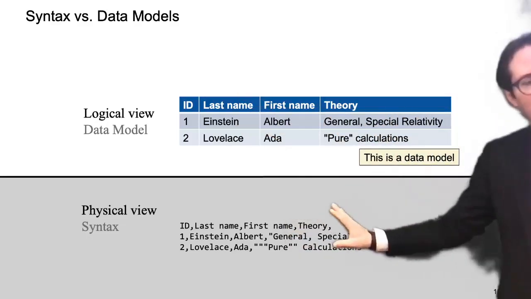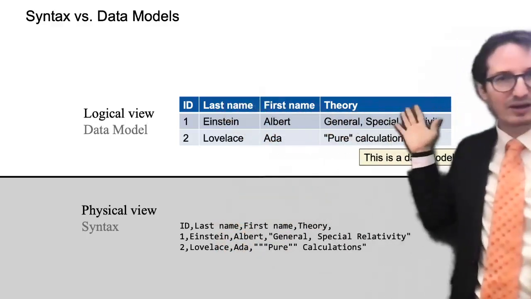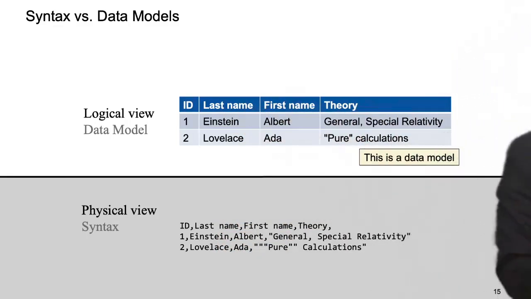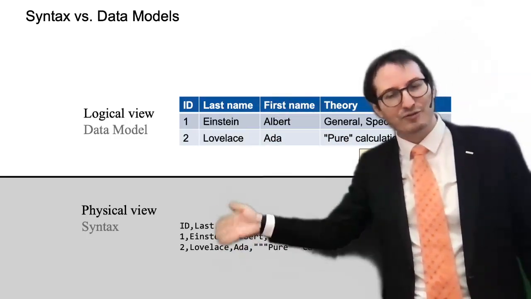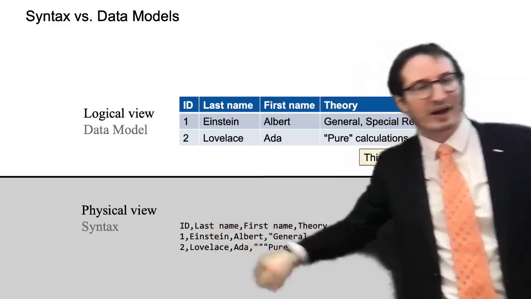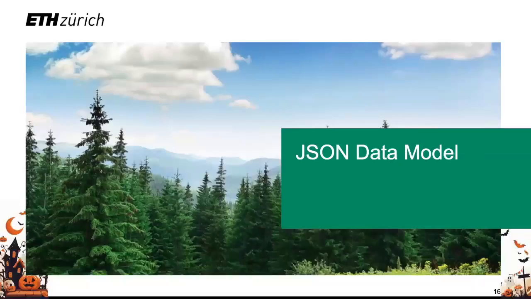Because that's exactly what happens when you open a file like that in a spreadsheet software, then you should get something that is actually abstracted away as a table in this way. And basically what I would like for you after the lecture to be able to do is that when you look at XML or JSON, you will also see trees, just like you see tables for CSV. This is my goal, okay? So we have a physical view that is the syntax, so basically the text, and the logical view that is the abstraction of that physical view, where we have a relational table.